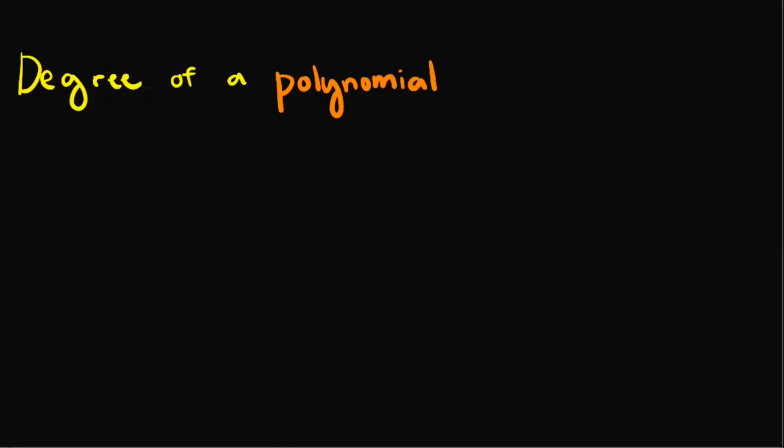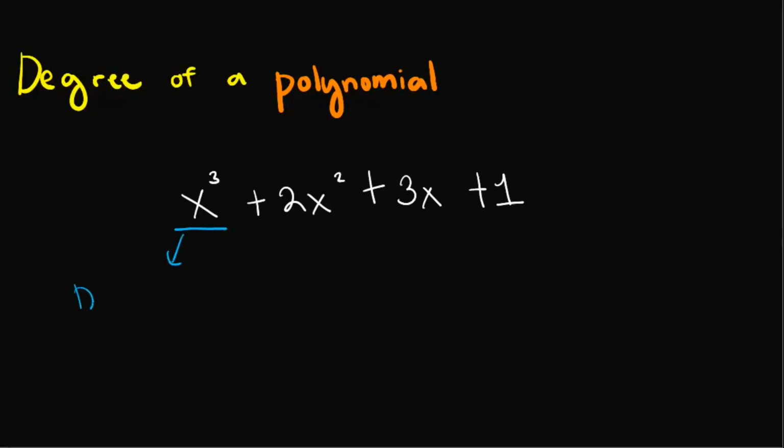So let's have an example. If we have x cubed plus 2x squared plus 3x plus 1. So for this one, what we do is we check each of their individual degrees. So for the first term, its degree is simply 3, since the variable is x and its exponent is 3.